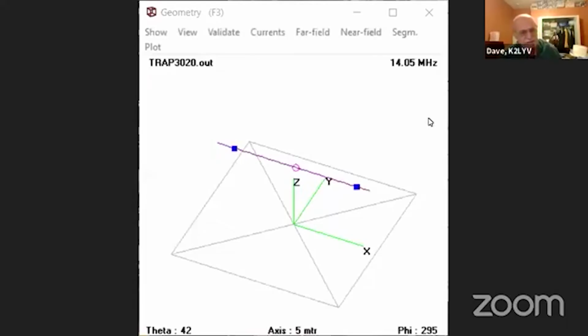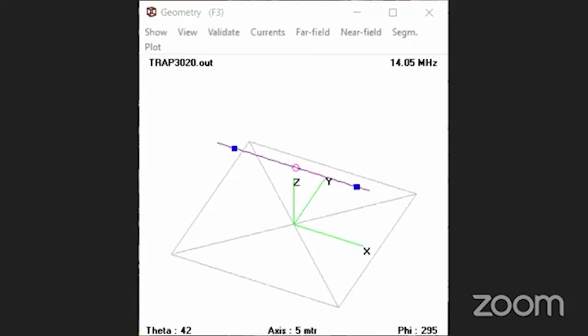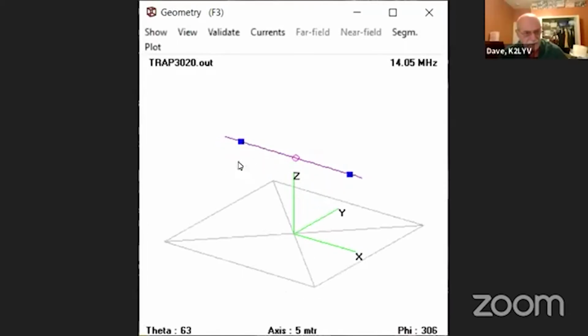Okay, so here's the antenna I'm talking about. Yeah, there we go. You can see these little dots here represent the traps.